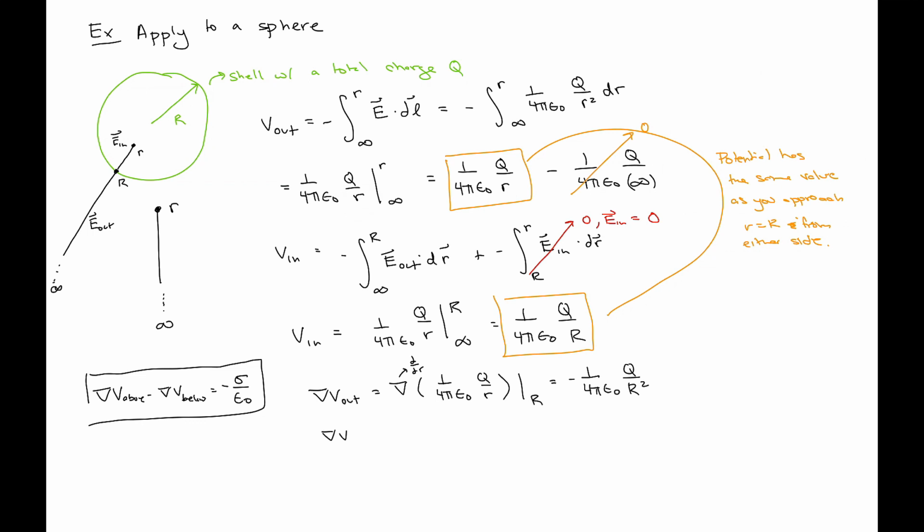And I'm going to do the same thing now from the inside, evaluating that at R. In this case, it's just equal to 0 because this is the partial derivative with respect to little r, and this is a big R, so that's a constant. We don't have any r dependence on the voltage inside our shell.